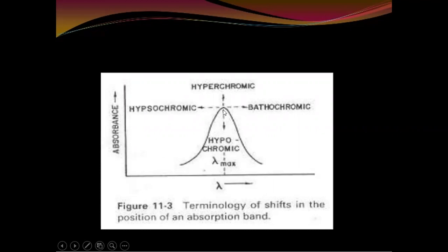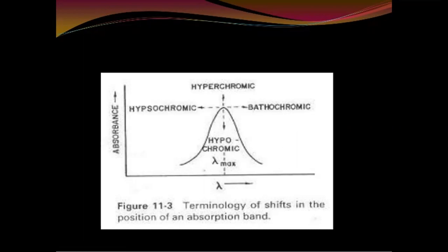The lambda max towards a lower wavelength region is the hypsochromic effect, and towards the higher wavelength is called bathochromic shift, the red shift.